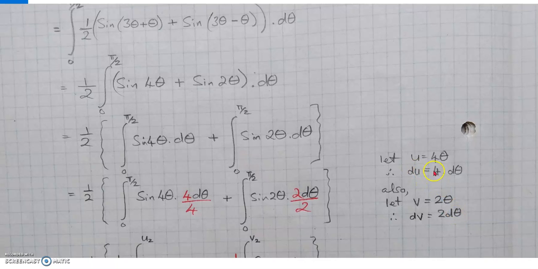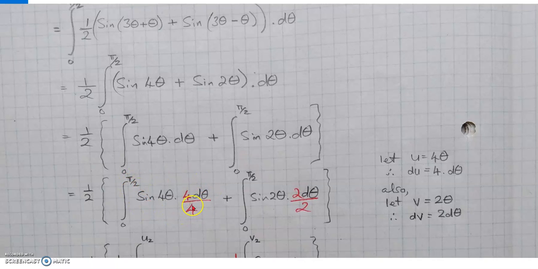Here, du is 4 d theta. Now we pre-multiply the d theta here by 4, dividing by 4 at the same time. Here I'm pre-multiplying the d theta by 2, but I am dividing by 2 at the same time, because that integral's got to stay the same value.